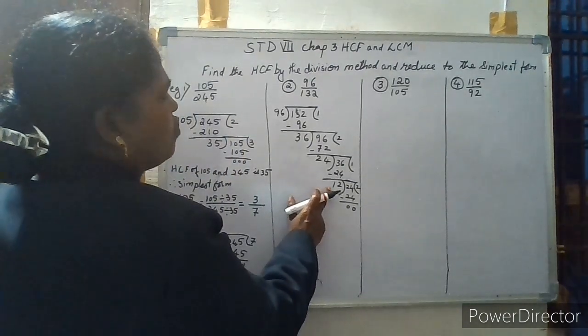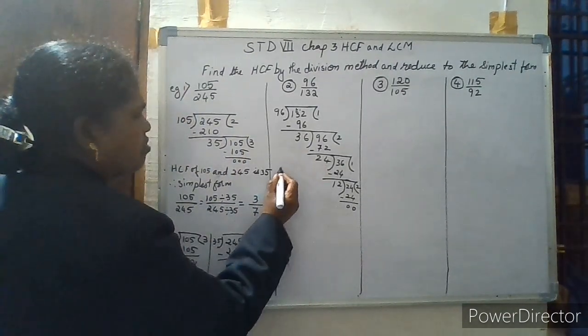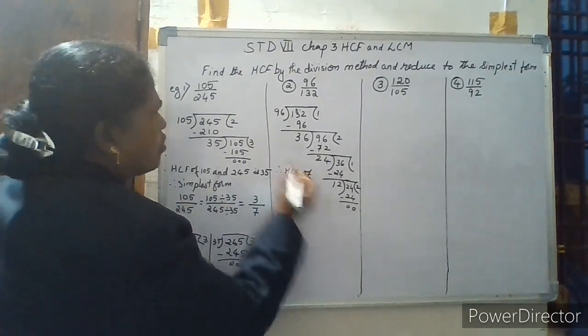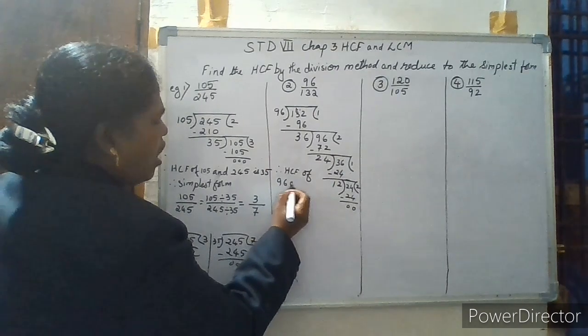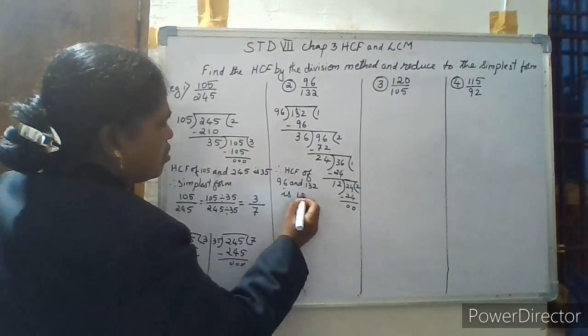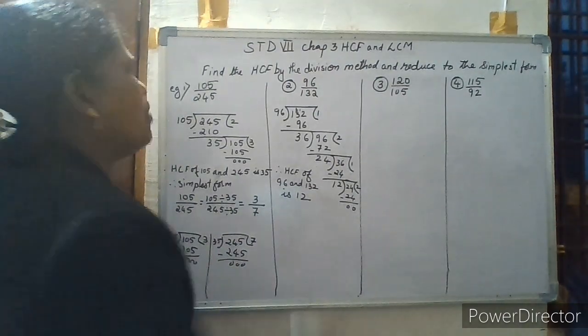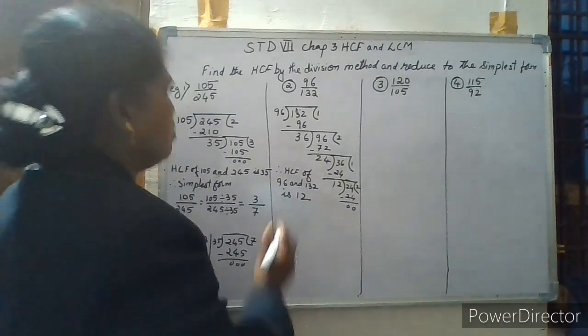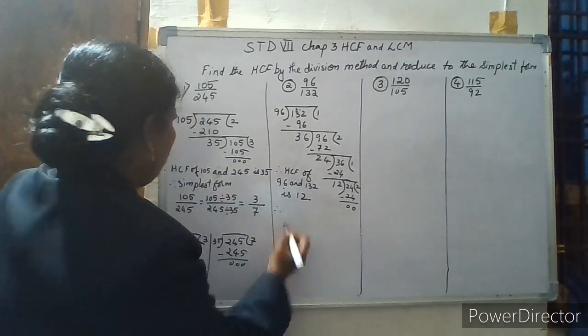So here the last divisor is 12. Therefore HCF of 96 and 132 is 12. So we have to divide these two numbers by 12 to bring it to the simplest form. Therefore, simplest form.